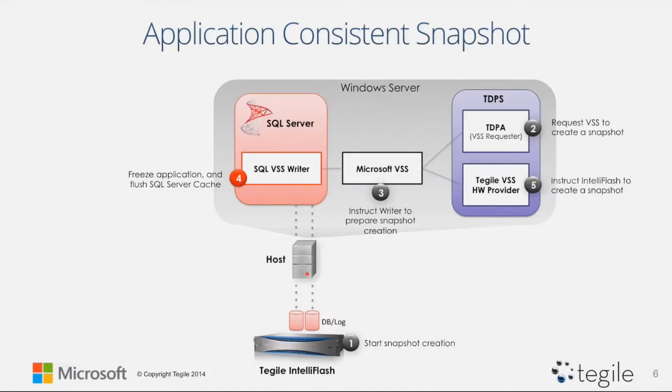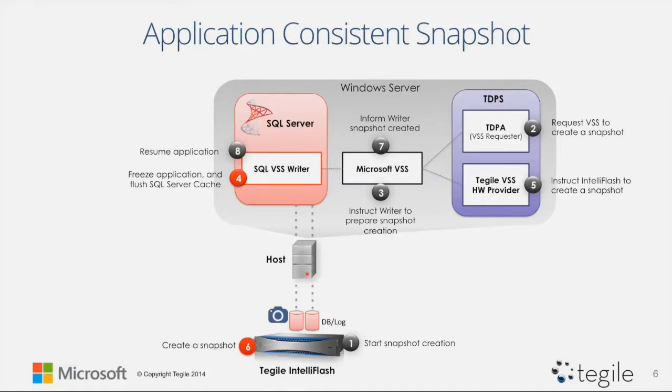Then the writer instructs back the IntelliFlash array to create a snapshot. The snapshot is created. It's a group, an application consistent snapshot, meaning you can have multiple LUNs in that. And then the Microsoft VSS writer informs all of the applications that they can resume functioning as expected.